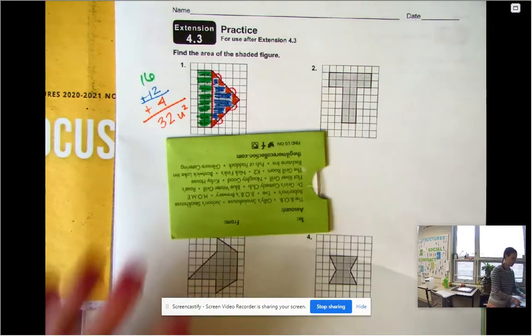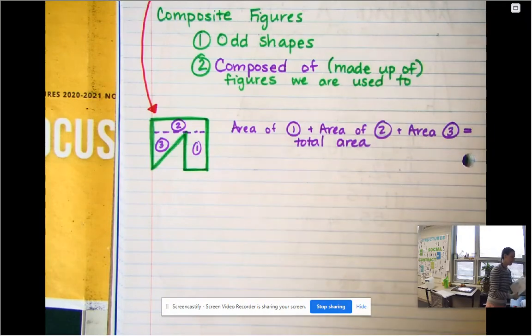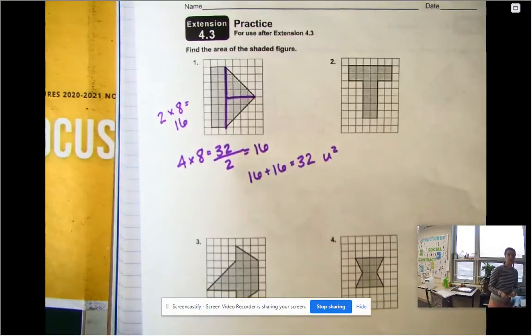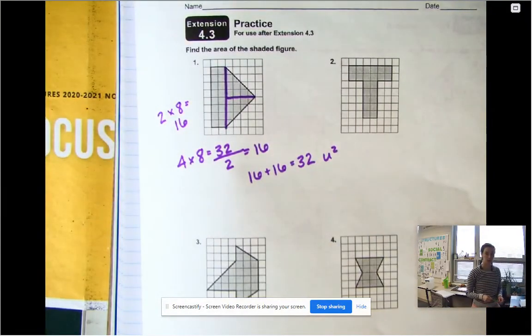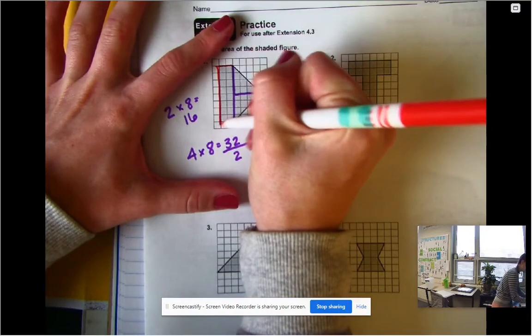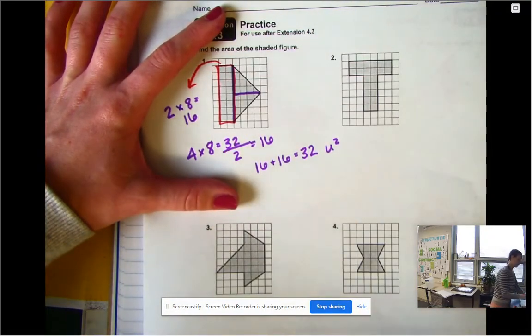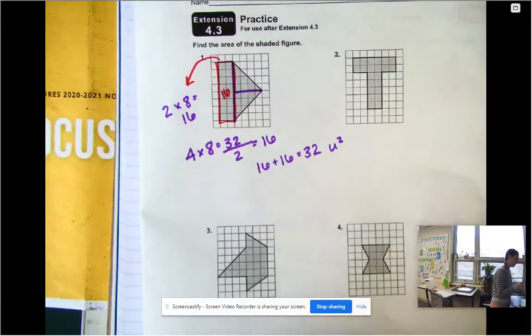Another way I might go about this, here's my spare packet that I also wrote on, is to divide the shape up into figures that we're used to, and then find the area the way we're used to finding it. So I might say, all right, here's a rectangle. That rectangle is a 2 by 8, so the area of it is 16.